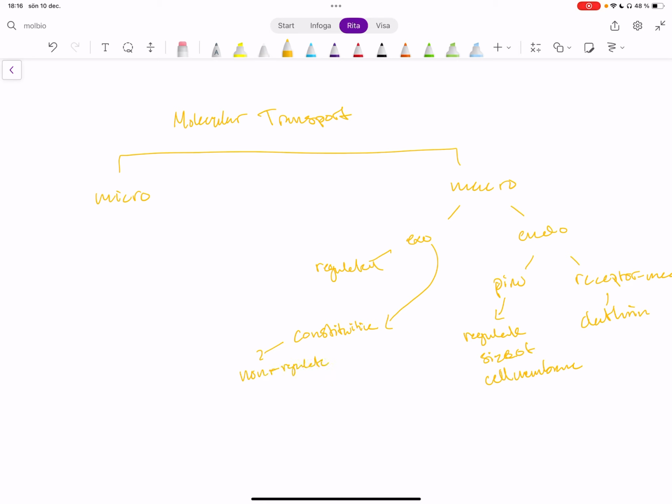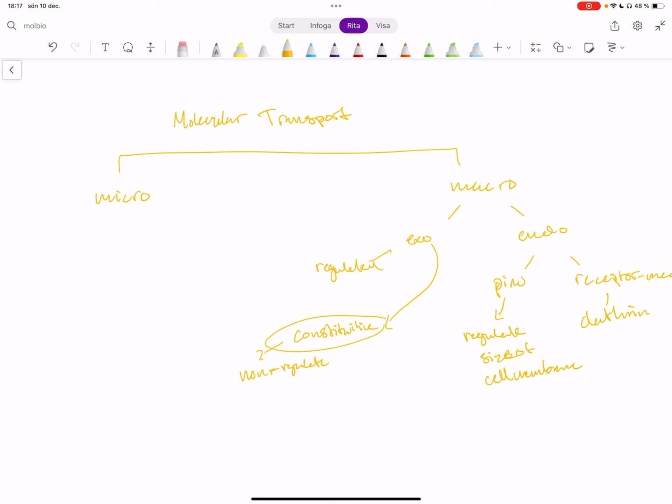What's important to know about the difference between them is that the most common one is constitutive exocytosis. Most proteins are transported directly out of the cell through the constitutive, or non-selective, secretory pathway.